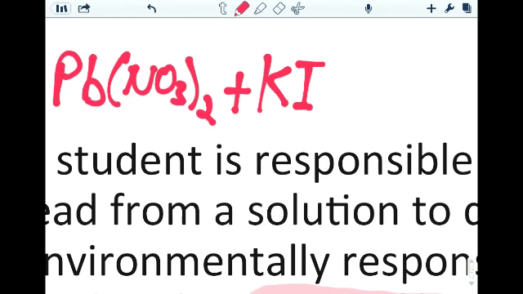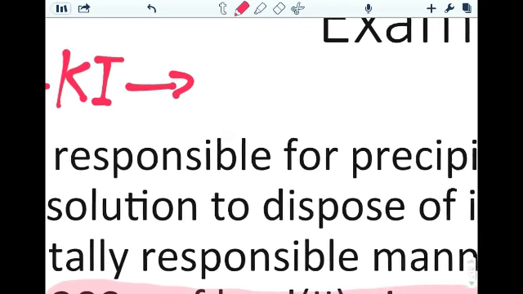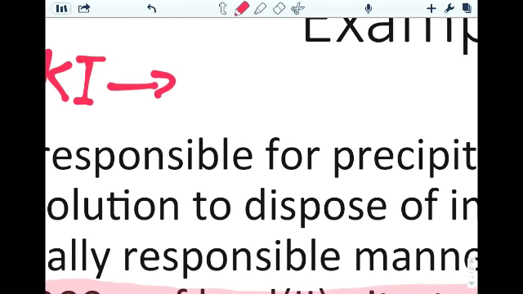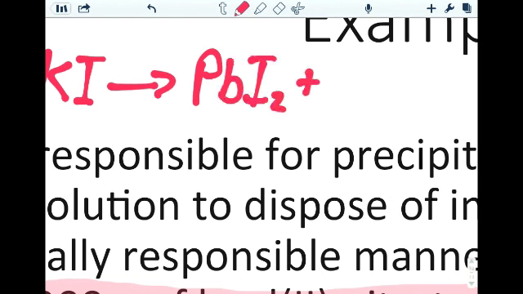Okay, now in this product, it's a precipitation reaction, so we have a double replacement reaction. So lead will be bonded to iodine and potassium will be bonded to nitrate. Lead having its +2 oxidation number will have PbI2, plus our potassium nitrate, KNO3, because they both had a one charge, basically positive one, negative one.